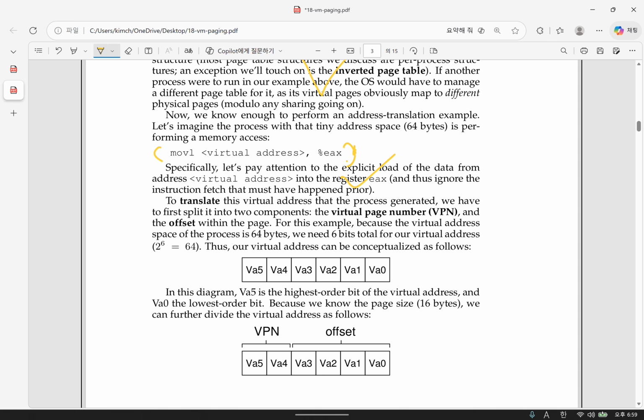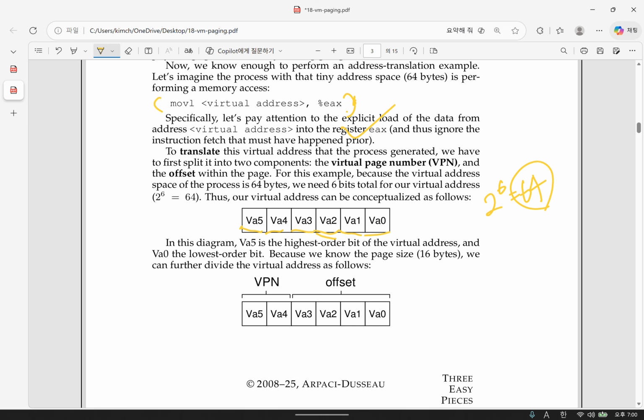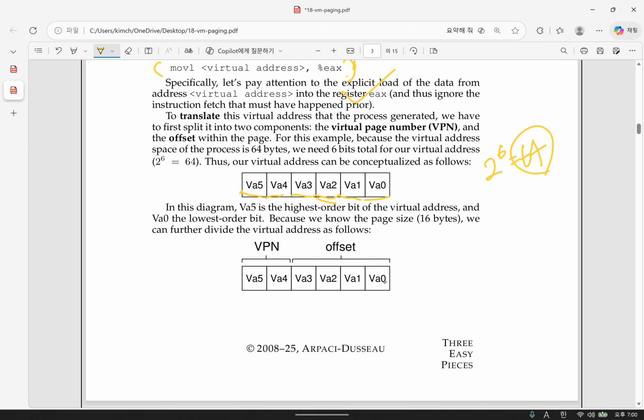Since there are 64 bytes, we need 6 bits total for our virtual address, because 2 to the 6 is 64, so 6 binary digits are enough to address 64 addresses. So of course we start with 0 and end with 5.